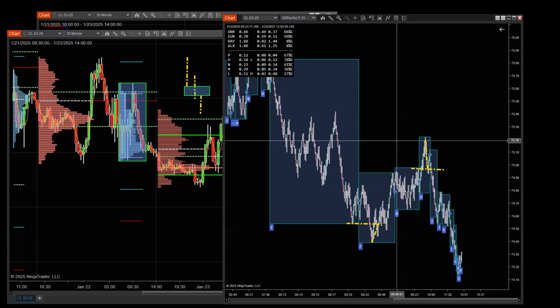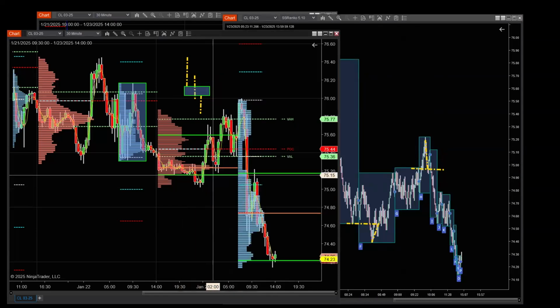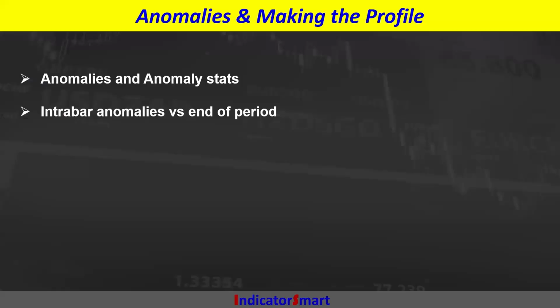That's an intrabar anomaly. Now, those can be a little hard to see. I find people that are super smart can sometimes have difficulty with that. But the trick is to learn to be able to see a space between two bars. If you start there, you'll be able to get it pretty well.